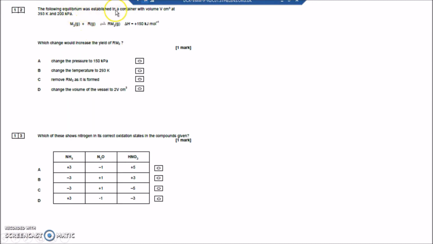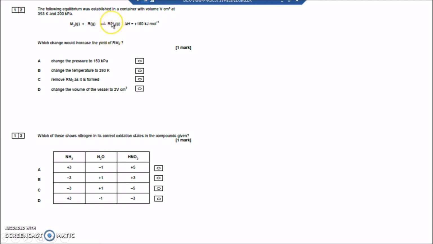Following the equilibrium was established in a container with volume V centimetre cubed at 393 Kelvin and 200 kilopascal, which would increase the yield of RM2. So how are you going to make RM2? How are you going to make more RM2? Well, you could increase the concentrations of M2 and R, and then by Le Chatelier's principle it would try and lower the concentrations of M2 and R by reacting it to make more RM2.